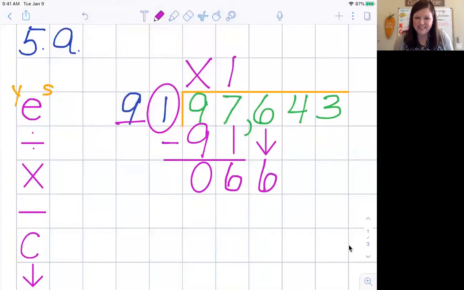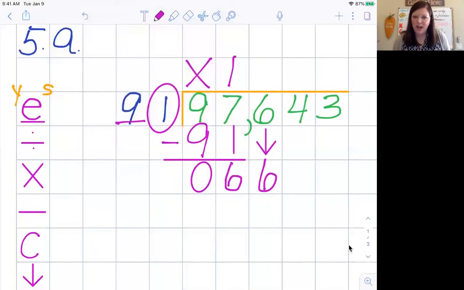After we brought down the 6, it's time for us to go all the way back up and start our 6 steps of complex division again. Go back up to your estimated number. Your estimated number was the number that we underlined. What digit did we underline? The 9.